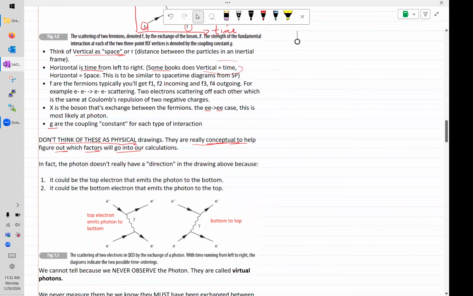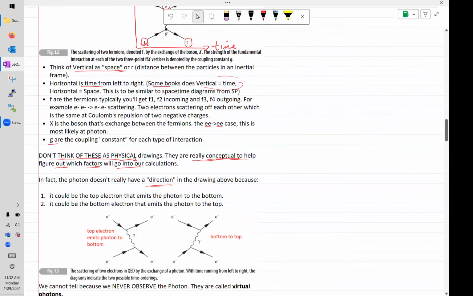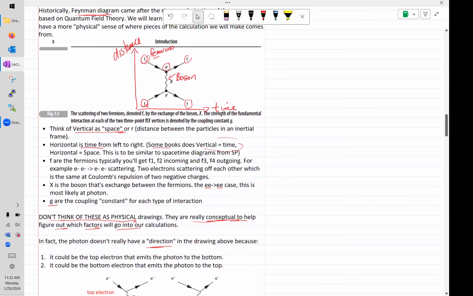In fact, these diagrams don't really have a direction in them. You can see on top of this diagram, this gauge boson between them, let's highlight that, is drawn vertically. If you have a time axis that's going horizontal and you draw a vertical line, does anyone know how fast you need to be going in order to do that?